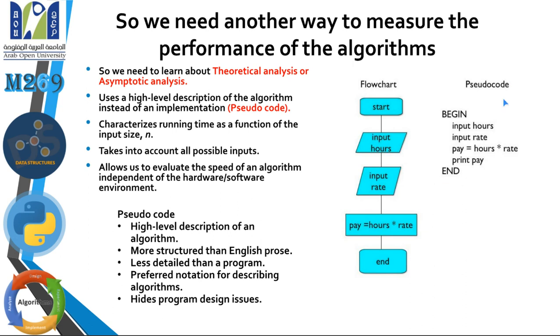We can use simple English statements to describe the code and the functions. So we have two ways to consider while writing the code and preparing the algorithm: either we use the flowchart or we use the pseudocode.